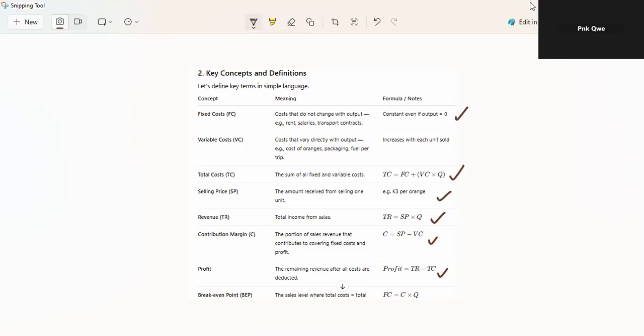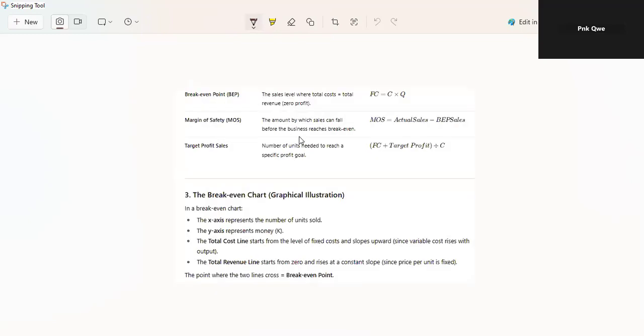The margin of safety is simply the actual sales over the break-even sales. It is the amount by which sales can fall before the business reaches break-even. Then the targeted sales profit is the number of units that we need to reach a specific profit goal. It's simply fixed cost plus targeted profit divided by contribution.